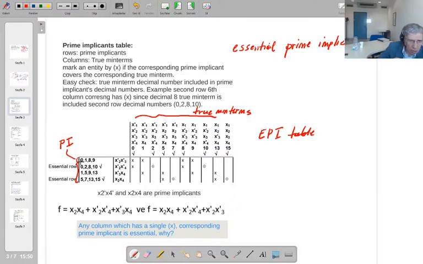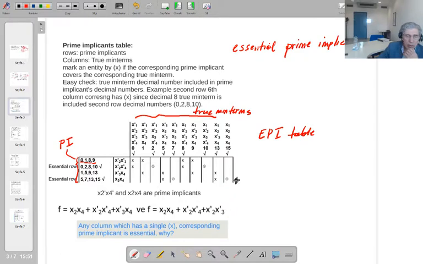So I put a mark at the 0 position, 1 position, 8 and 9 position. The meaning is this: this product term covers 0, 1, 8, 9 true minterms. So it is easy to mark them. So if you do all this marking here, then we're going to go one step further.